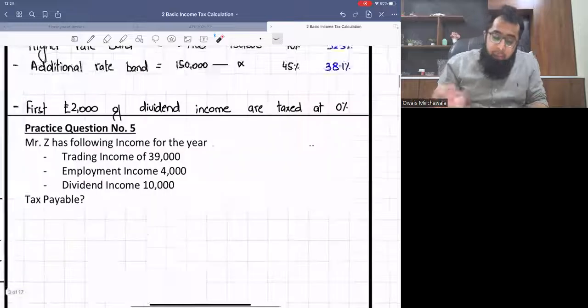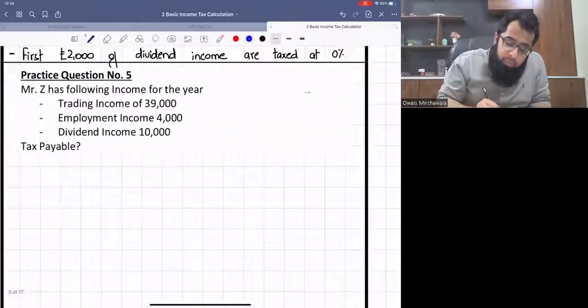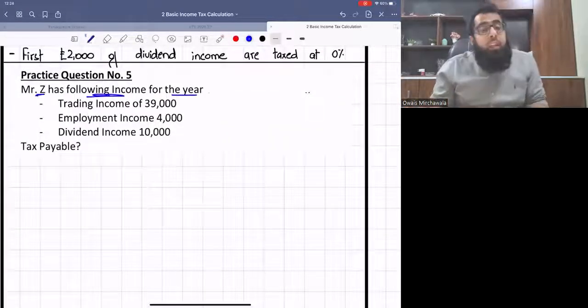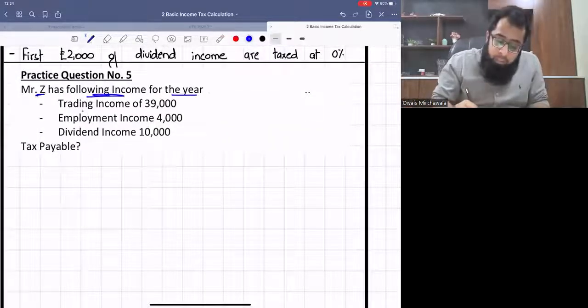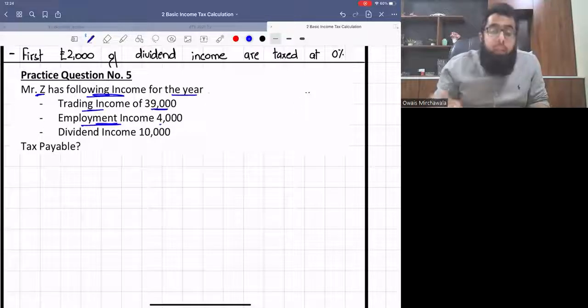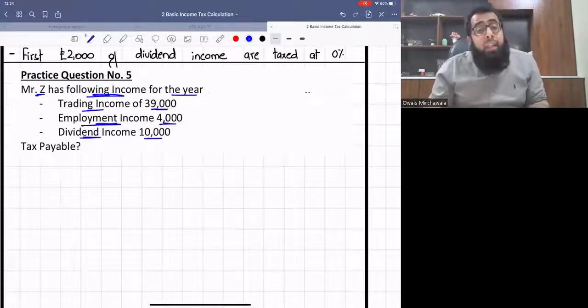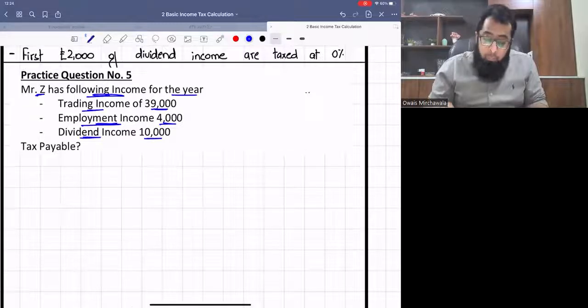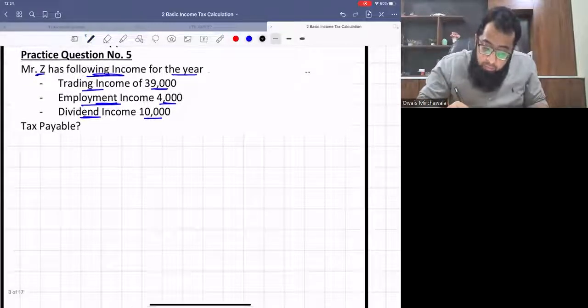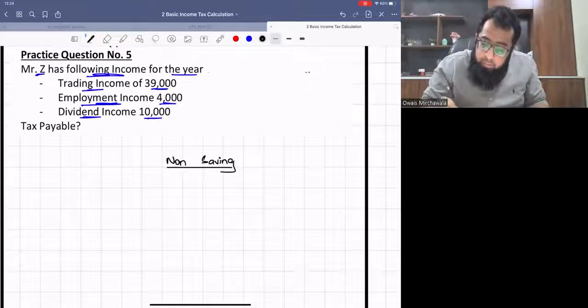Practice question number 5. Mr. Z has the following incomes for the year. Trading income 39,000, employment income 4,000, and dividend income 10,000. Now there will be two heads of income: the first is non-saving, and the second is dividend.